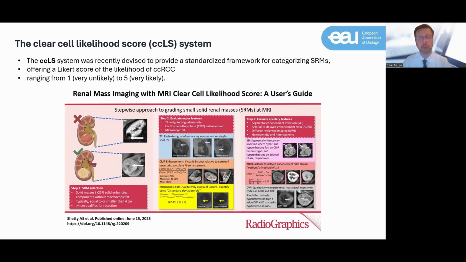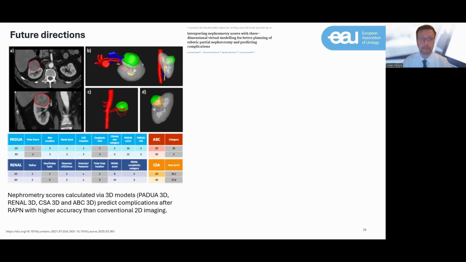It uses a 5-point Likert score, from 1 meaning very unlikely clear cell renal carcinoma to 5 meaning very likely, and it applies to solid renal masses without microscopic fat.